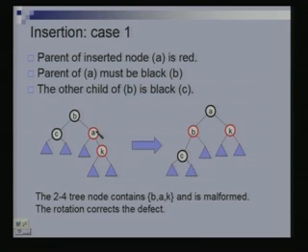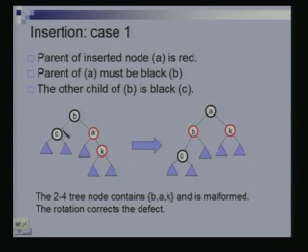Now, clearly the parent of this must be black. If the parent of this node was red, then there was already a double red problem in my tree. So, this must be black, and the first case I am considering is when its other child is black, which means that the sibling of this node that I am inserting, that is, its parent's sibling, is black. That is the case I am considering.